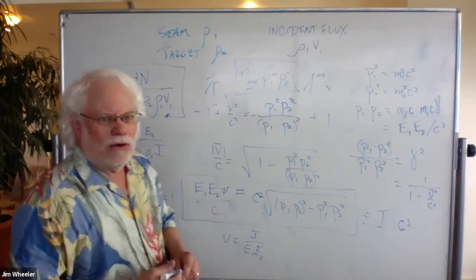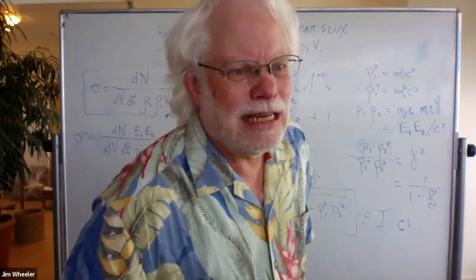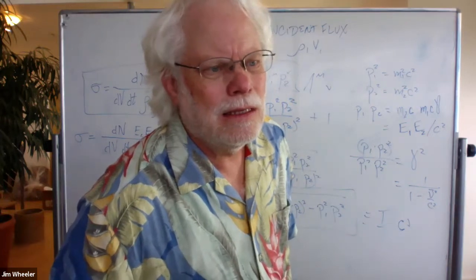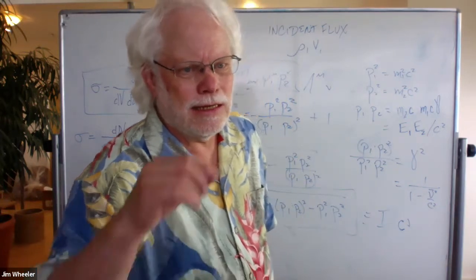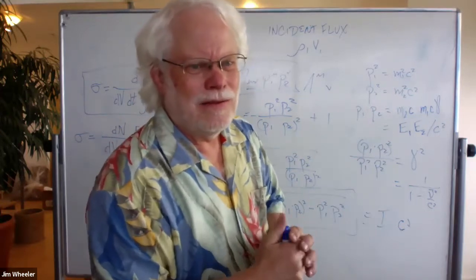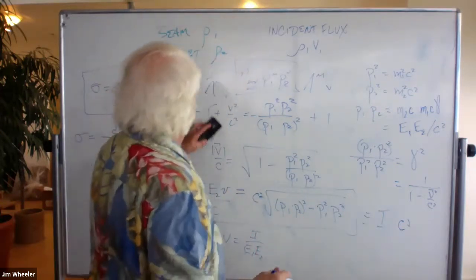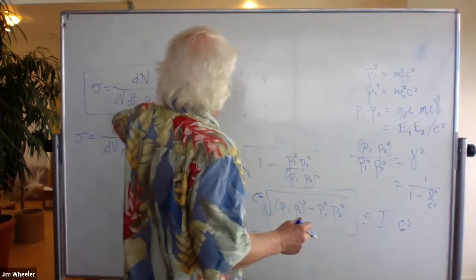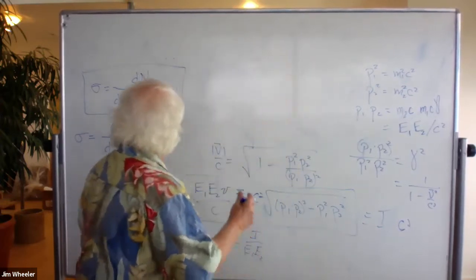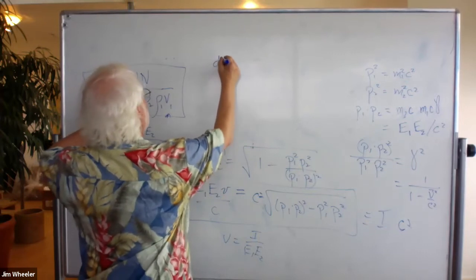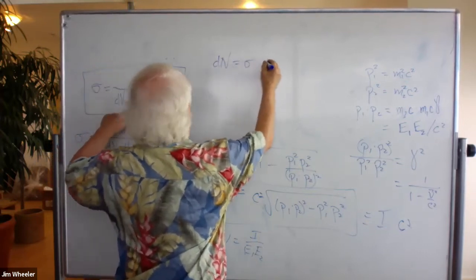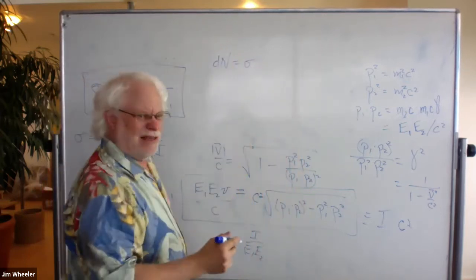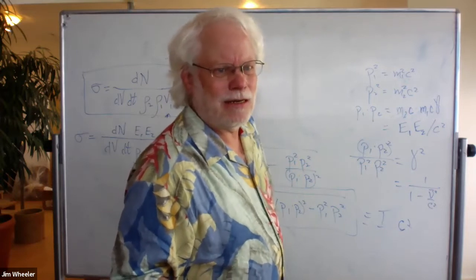Okay, so now, let's see, how do we do this next? It helps to write it upside down. Let's write it for dn again. I was thinking these were in the numerator. So dn is our sigma times, let's see, what are we going to have? We've got some energies in the denominator.